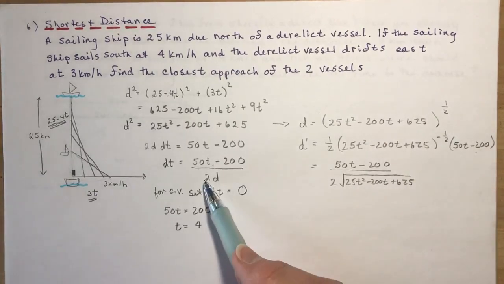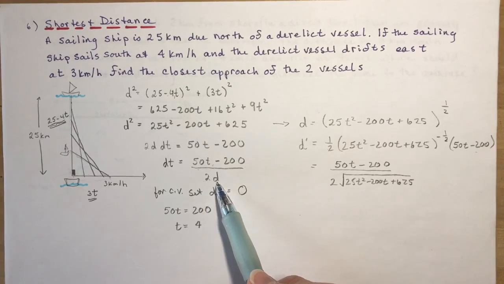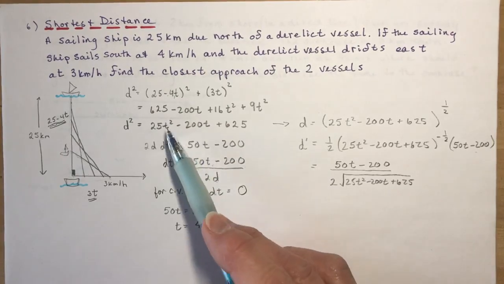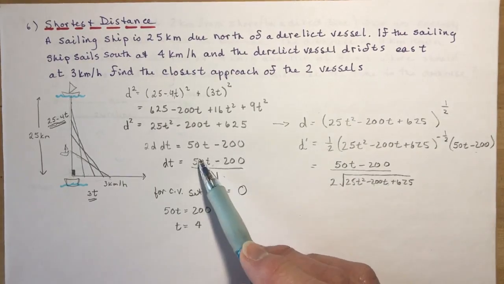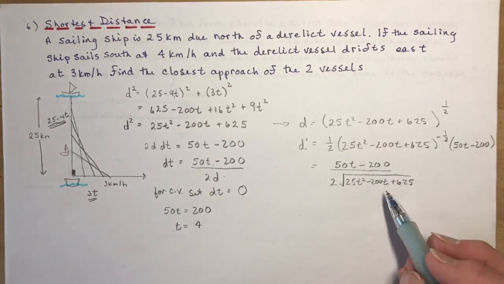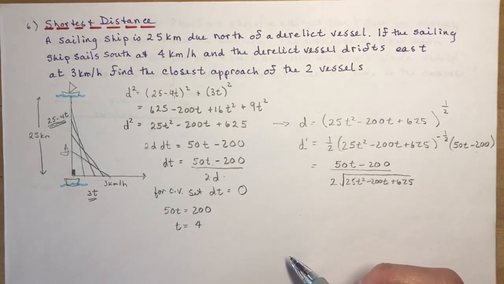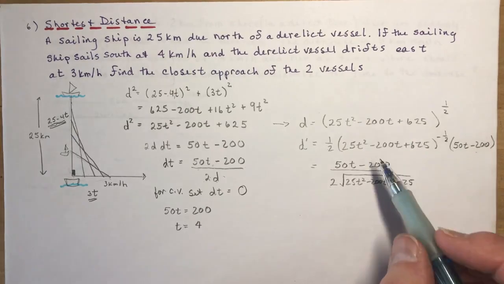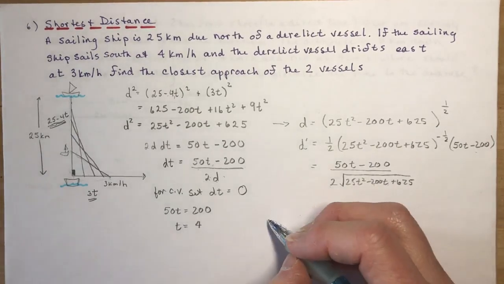And you can see that these are actually the same things because I've said here this is 2d, and d, of course, would be the square root of this. So I have 2d here, and I have 2d here, and I'm still trying to solve for the numerator. And again, I would still get the 4. So the closest approach happens at 4 hours, and I need to know what that closest approach is.